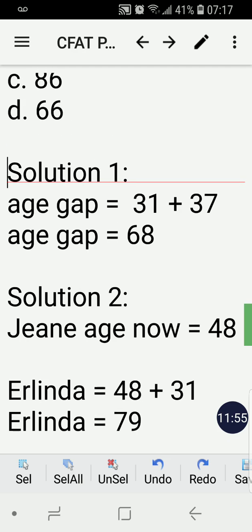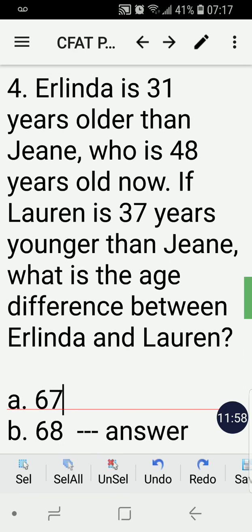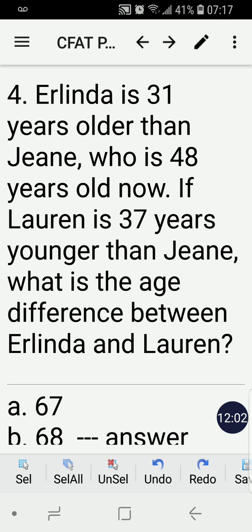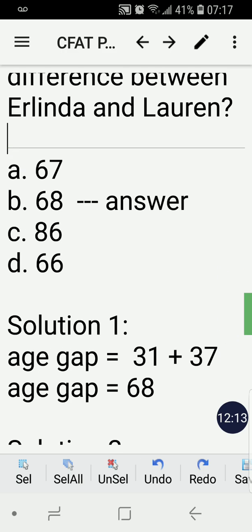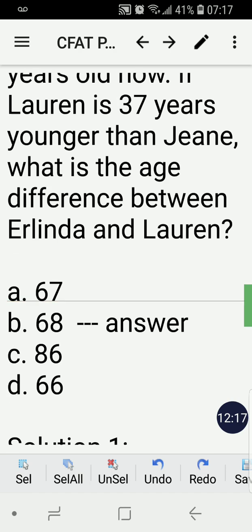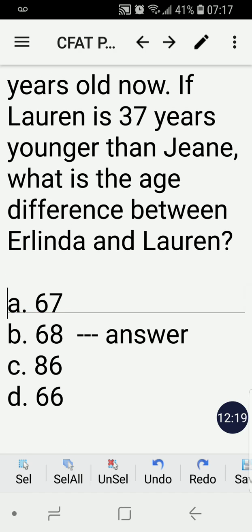So 31, because that's how many years that Erlinda is older than Jean, and also 37, that's how many years that Lauren is younger than Jean.